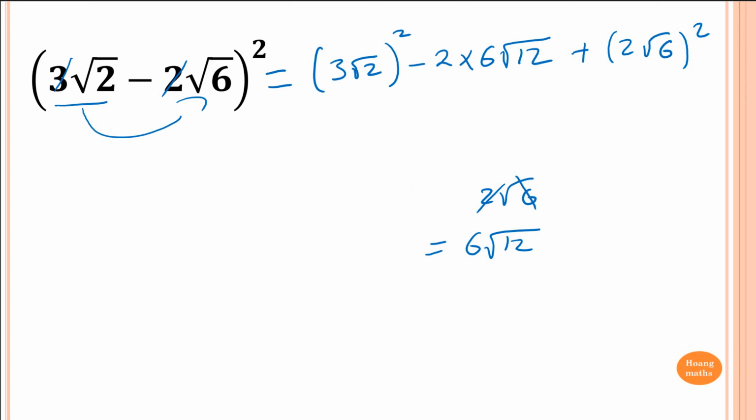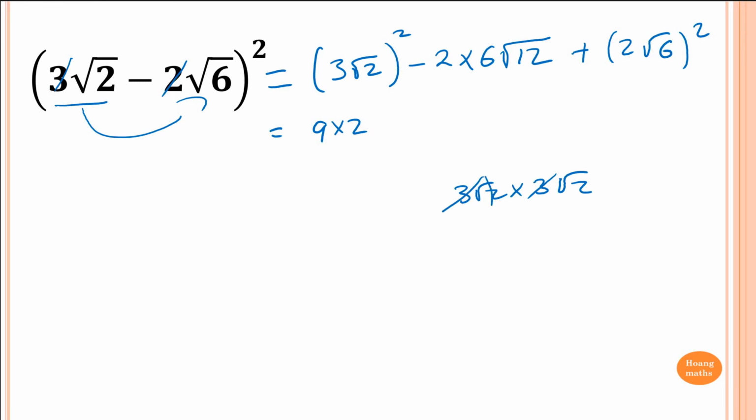That's what it is. Then what you do next is just expand it out. So 3 times 3 is 9. Root 2 times root 2 is 2. 3 root 2 times 3 root 2, this times that gives me 9, and this times that gives me 2. So 9 times 2. Minus 2 times 6 is 12.